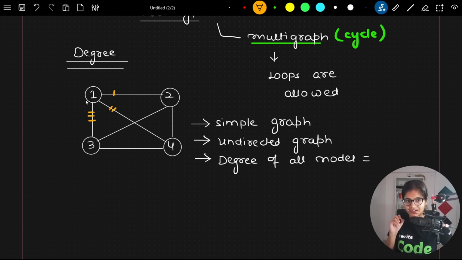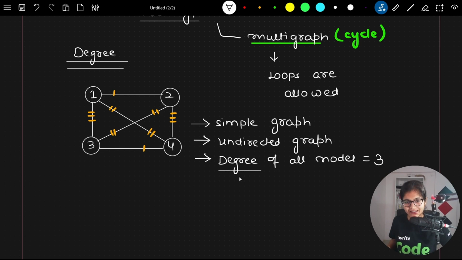These 3 edges are attached to node 1, so it will be 3. For node 2, again 3. For node 4, again 3. For node 3, again 3. Means the degree of all the nodes will be equal to 3.